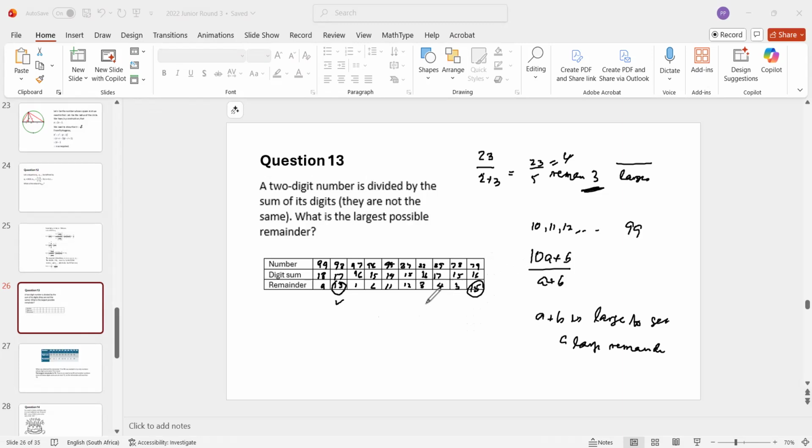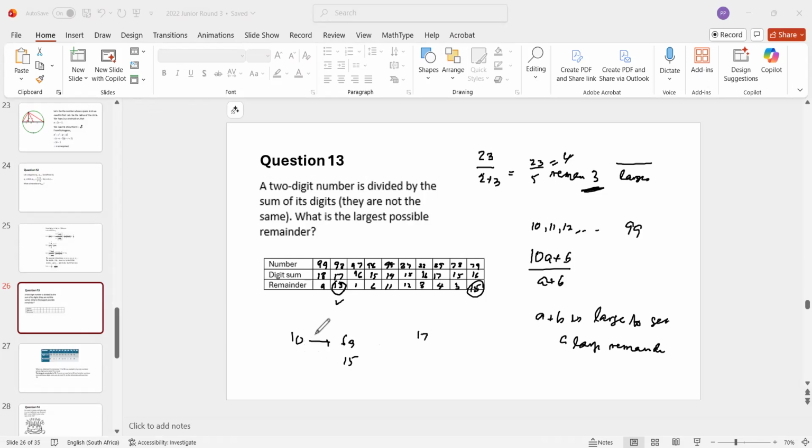Now, I say we're going to stop there because now you want the sum of the digits to be 17 or more, to get a remainder larger than 15. But now, when you go all the way up from 10 to 69 and add the digits, the largest possible sum you will get is for 69, and that is 15. And all the other sums are smaller than 15. 59 is 14, 49 is 13, and it becomes smaller.